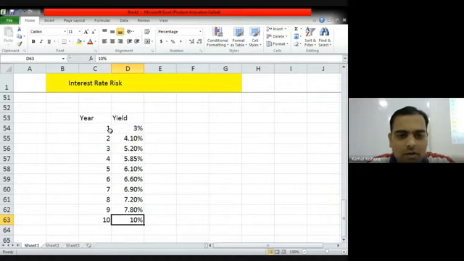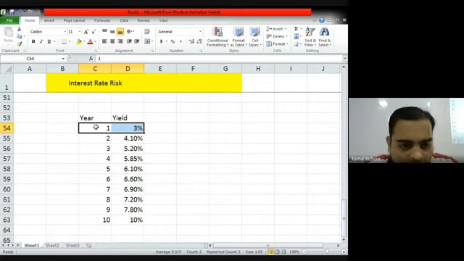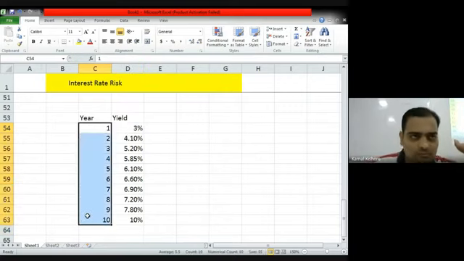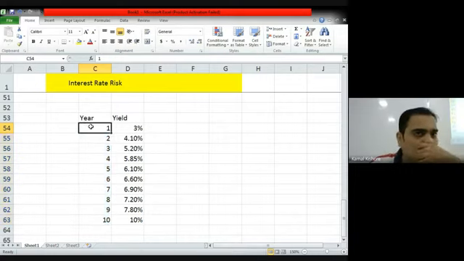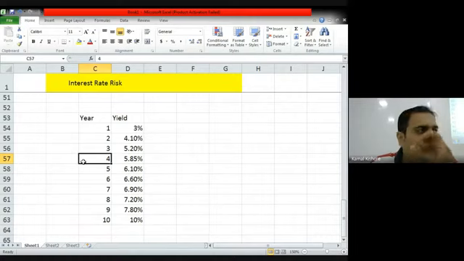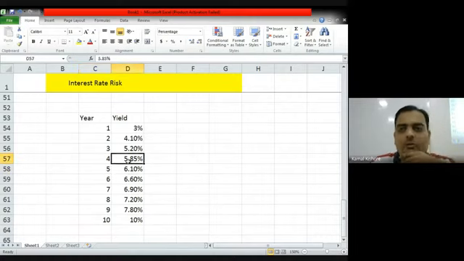Now, what is this? This is not the yield of a 10-year bond, where in the first year you're getting 3%. No, these are different bonds with different maturities. Bond A with 1 year maturity will give you a yield of 3%. Another bond with 4-year maturity will give you a yield of 5.85%. Understand?